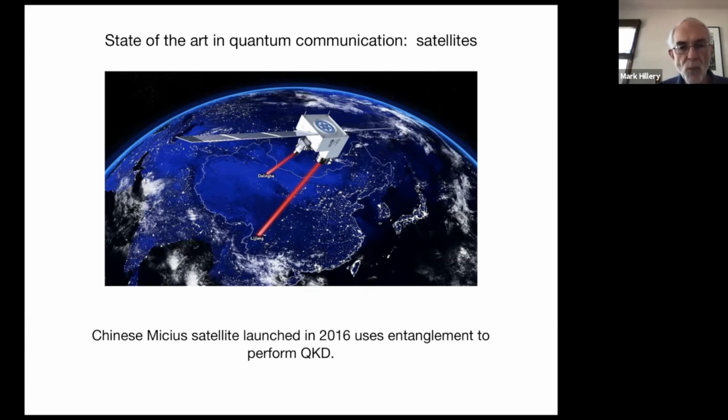So it sends half of the entangled state to one place and half to the other. And then you can use it to do, for example, quantum cryptography, which is something I haven't really talked about, but you can use quantum information to send secret messages. I believe this satellite was used to send encrypted messages between Vienna and Beijing. So that is the state of the art in terms of quantum communication now.